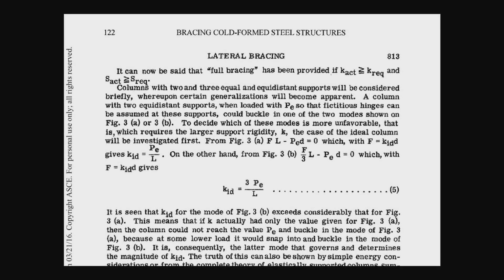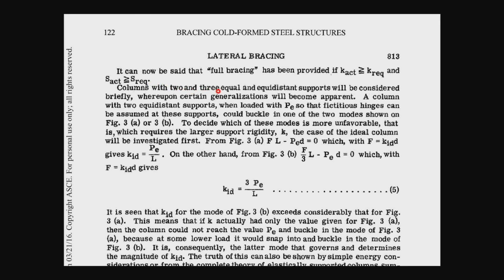It can now be said that the full bracing has been provided if the K actual is greater than the K required. So nothing more than just don't provide less than the required stiffness, and likewise the strength for the actual system is greater than the strength required from the calculation.